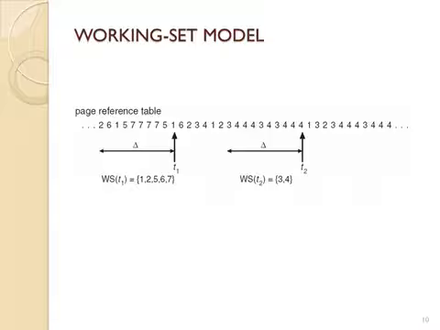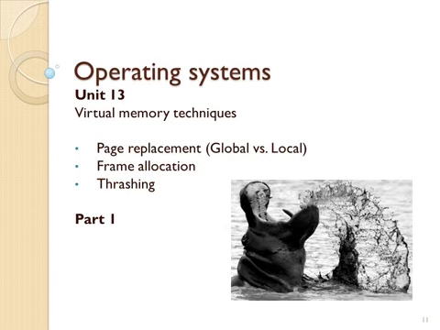So you can use this information to make some decisions about the number of frames that should be available for the process by seeing in these working sets how many pages were actually being accessed by that process. So there are a lot of techniques that can be used to try to manage paging in a system.